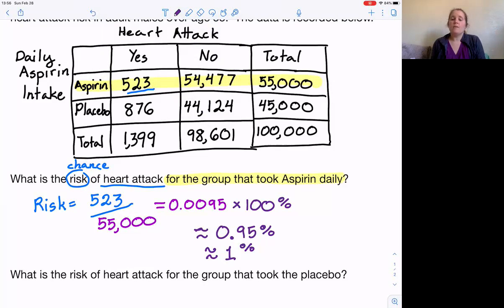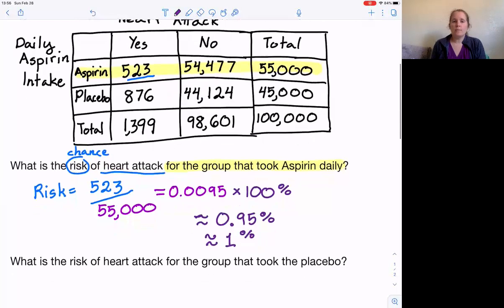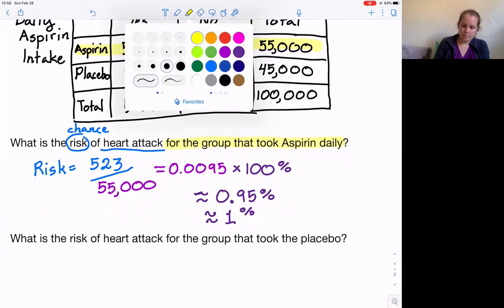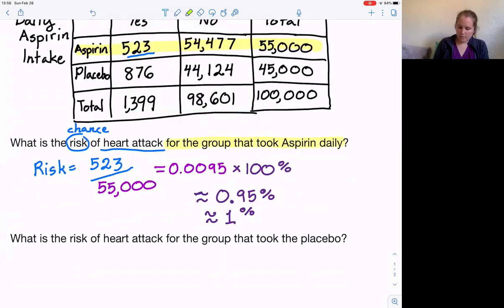Now let's do the same thing for the group that took the placebo. For the group that took the placebo, we are now looking only at the placebo row. Once again, we are looking at the risk or the chance of heart attack. So we had 876 have a heart attack in this group.